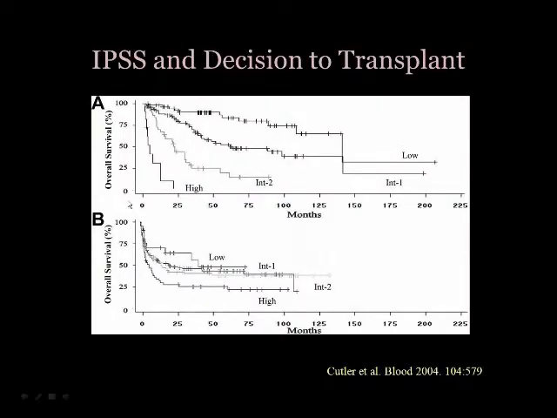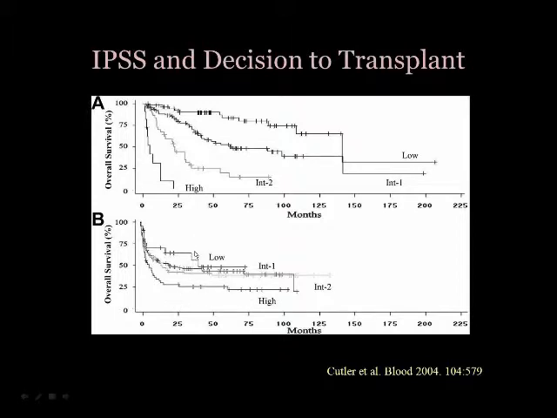This is really just showing that the people who we consider a transplant in are those with high-risk disease. So this top curve is the curve I showed you before, just the people who aren't transplanted, and you can see that the low-risk patients do better than those with high-risk disease. The bottom curve here looks at patients who are transplanted.